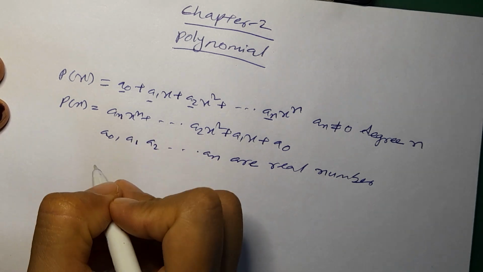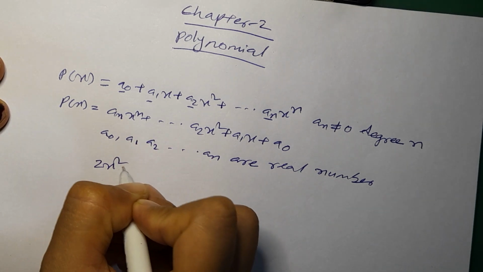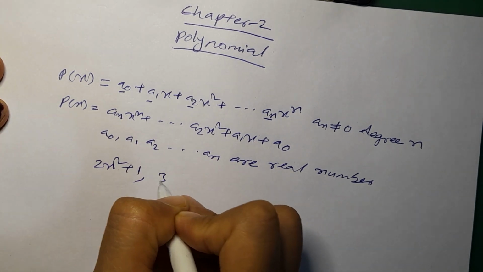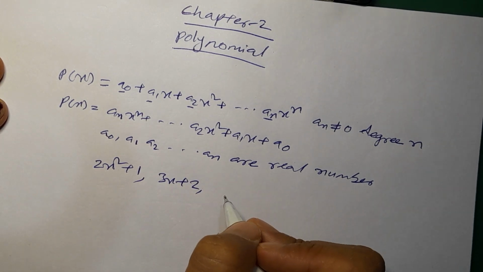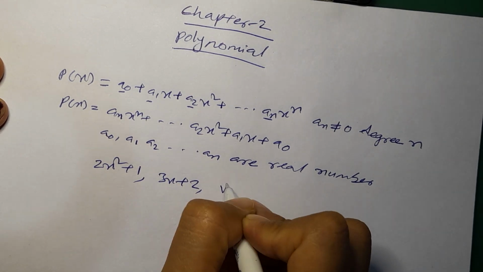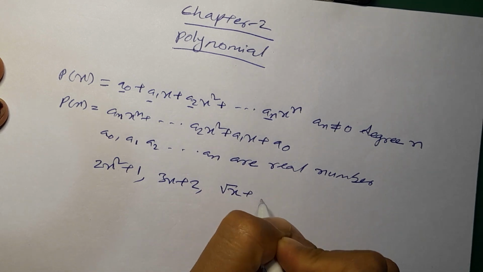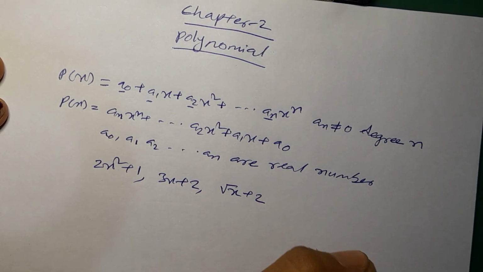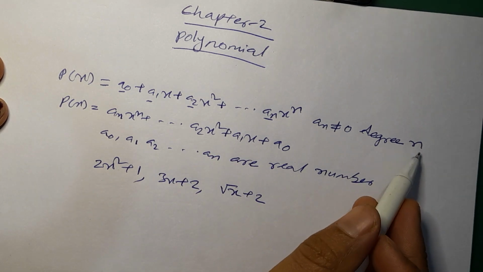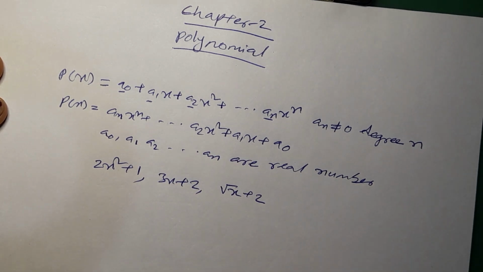So for example, 2x square plus 1 is also a polynomial. 3x plus 2 is also a polynomial. Root x plus 2 is not a polynomial because here the power is half, and the power has to be a whole number. Here n is given, so the power has to be a natural number. These are the examples of polynomial.